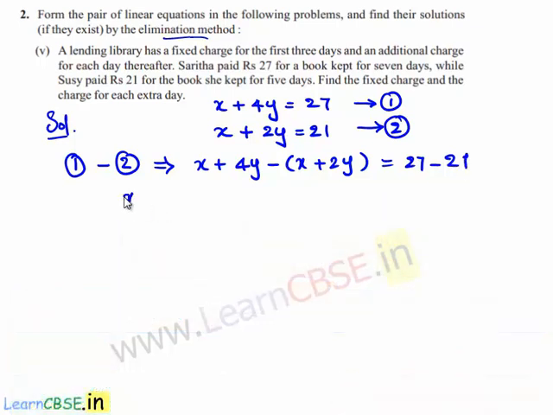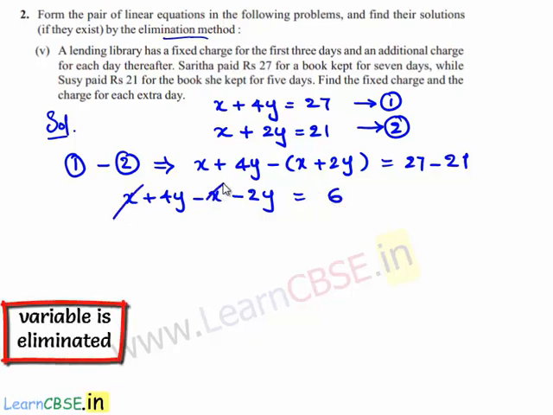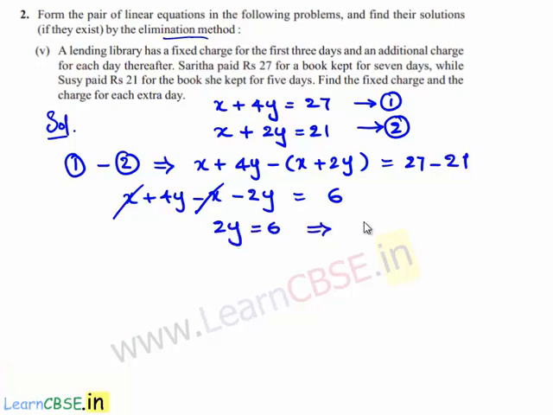That is x plus 4y minus x minus 2y is equal to 27 minus 21, which is nothing but 6. Plus x and minus x will be cancelled. 4y minus 2y is nothing but 2y. This is equal to 6, which implies y is equal to 6 divided by 2, which is 3. So we got the value of y as 3.